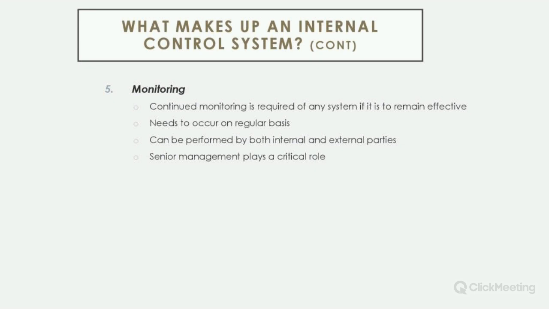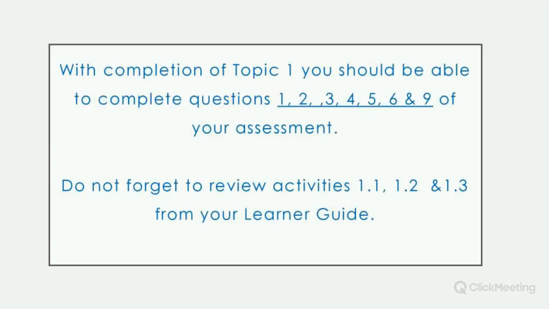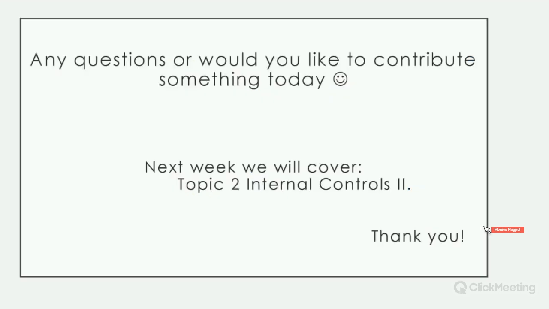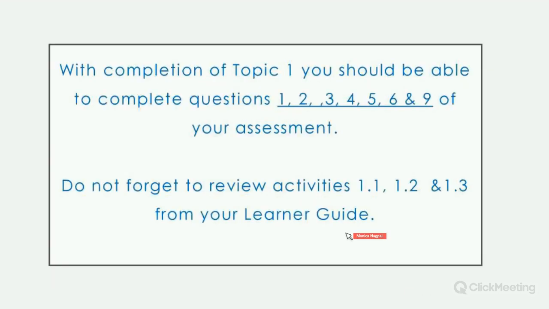Now that brings us to the end of what we needed to cover from this topic. With the completion of this topic, you should be able to work on these assessment questions. What I will do is go over these assessment questions next week before we start topic 2 on internal controls 2.